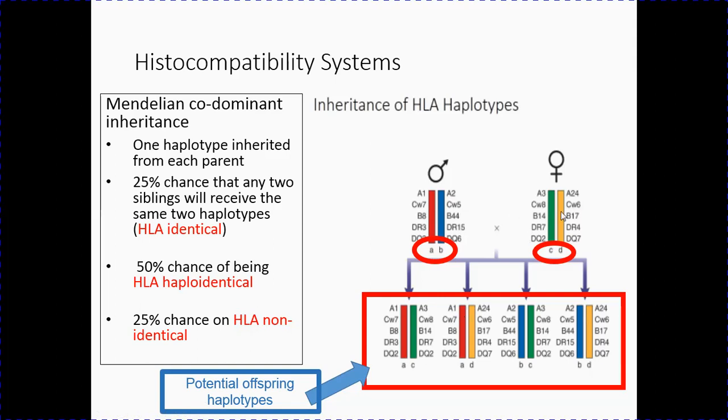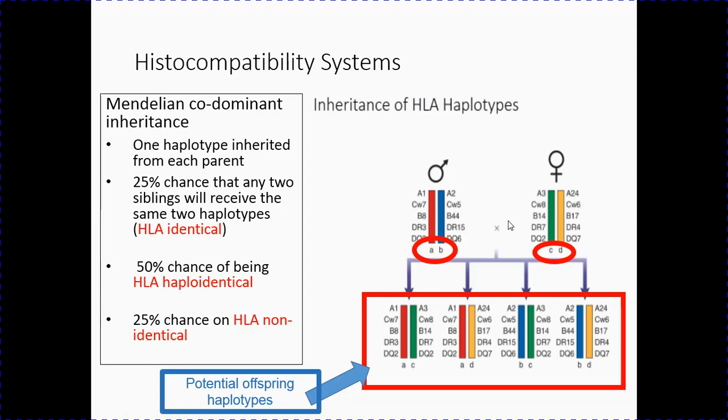We're not getting 4 children that all have the same genetic makeup. That would not be genetically diverse. Instead, we have genetic diversity here, and the more parents that are having children and their children's children, the more genetic diversity you introduce consistently.